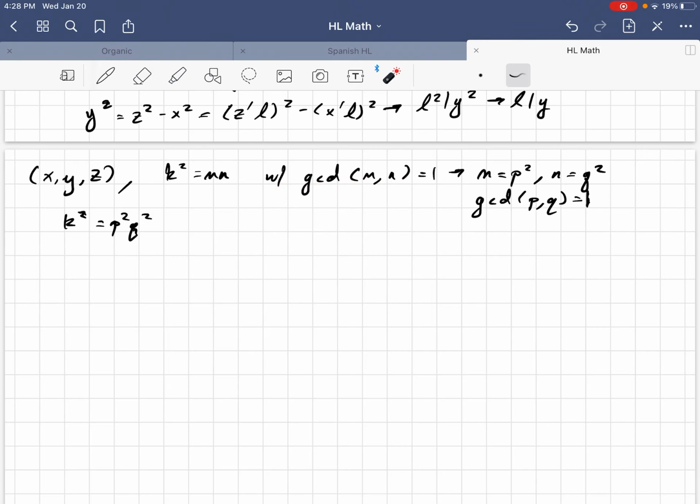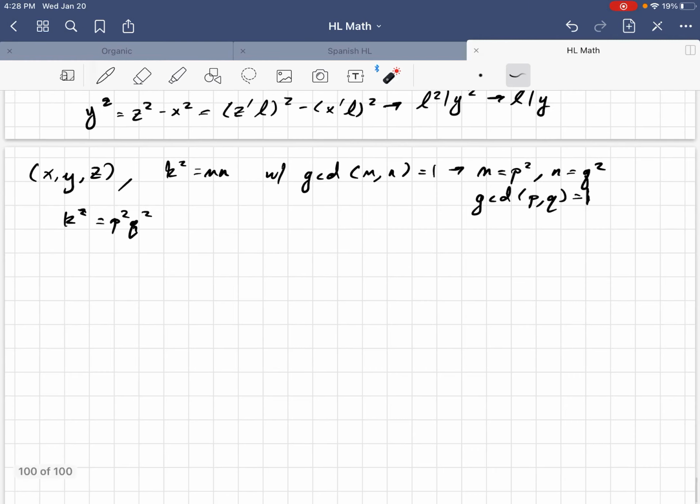Then the only way that's going to happen is if these numbers are themselves perfect squares, in other words, they intrinsically already have two factors, but those two factors are different from each other. That's basically the quote proof right there.